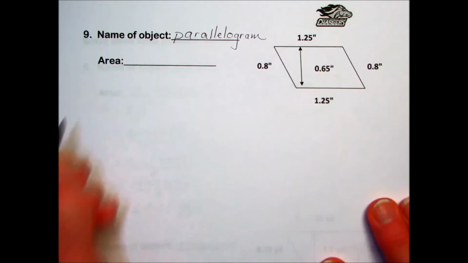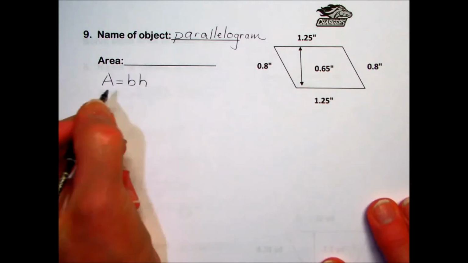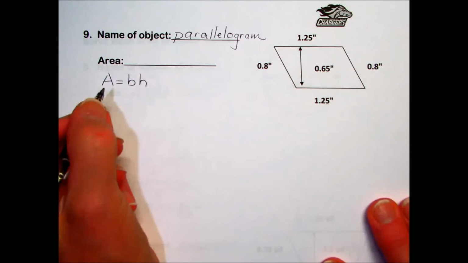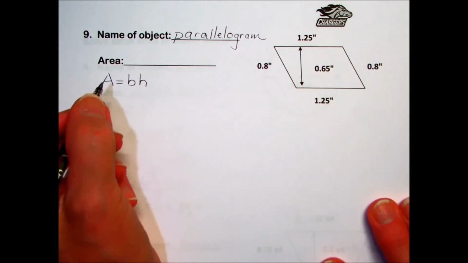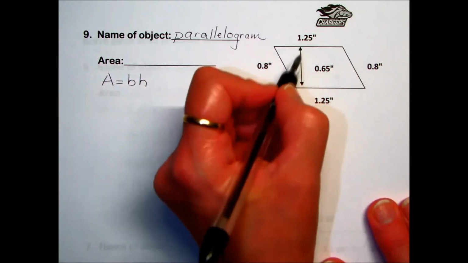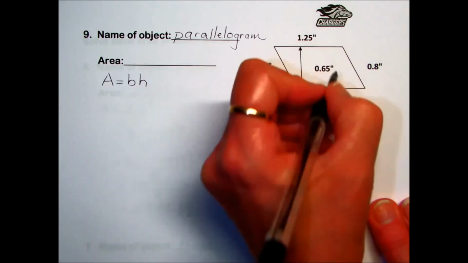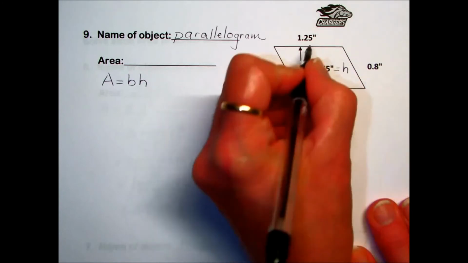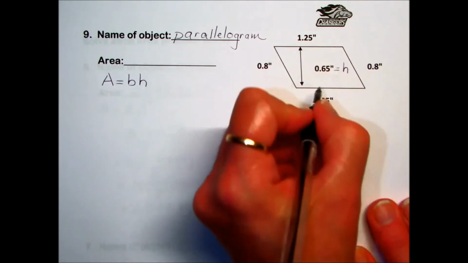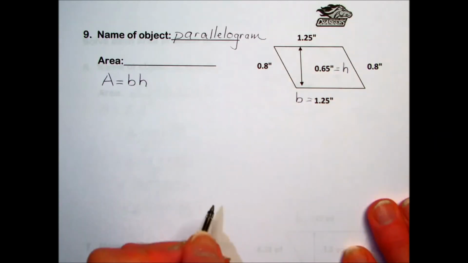To find the area of a parallelogram, we take the base times the height, and the height is the distance between two parallel sides. Well, the only distance given here between two parallel sides is this value indicated. We'll call that the height, which means these are going to act as our base here.